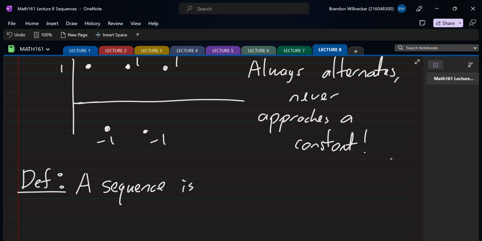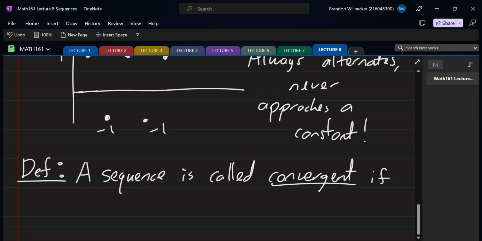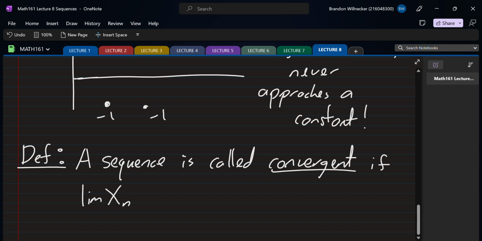A sequence is called convergent if the limit of the sequence, so when we say lim xn, what we mean is the limit as n goes to infinity of xn, exists and is finite, so we end up with some nice constant.